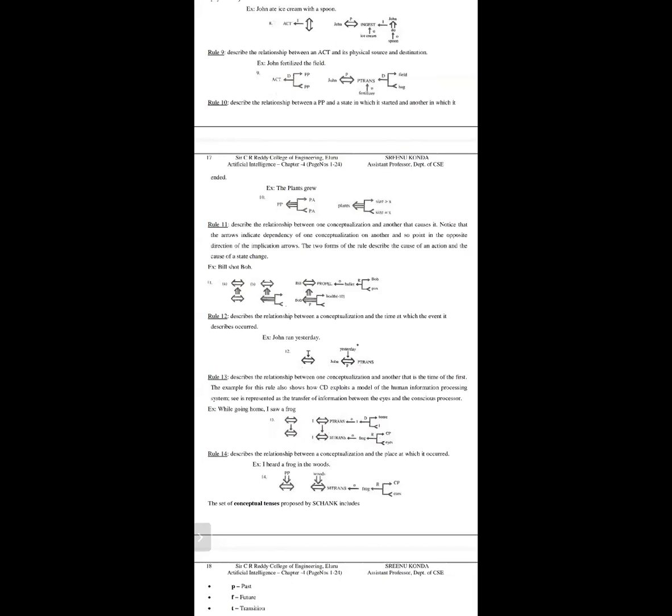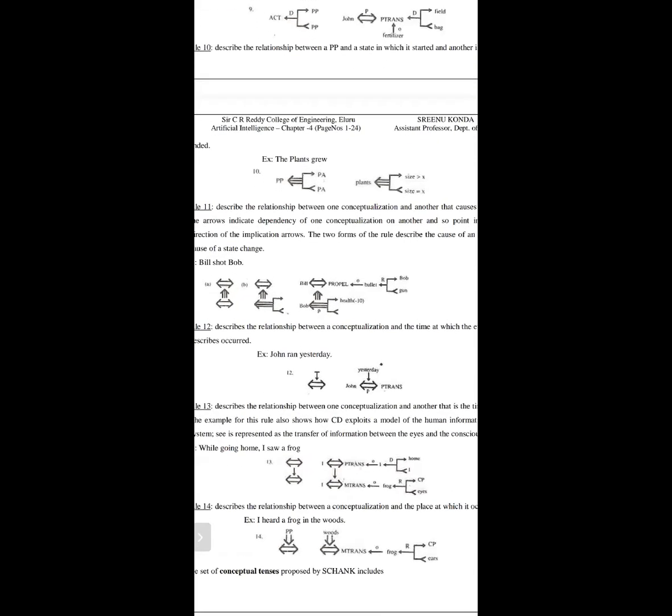Second thing is state change. State change means on the top double arrow, next triple line arrow. And here one is start state and end state. Okay. Two things.